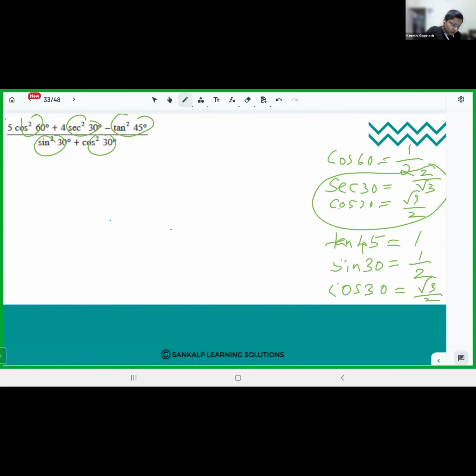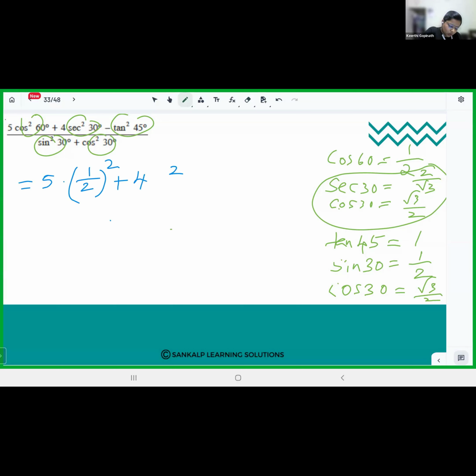That is equal to 5 into 1 by 2 the whole square. Since it is cos square 60, that means cos 60 the whole square. Okay, so 1 by 2 the whole square plus 4 into sec 30 is 2 by root 3, right?